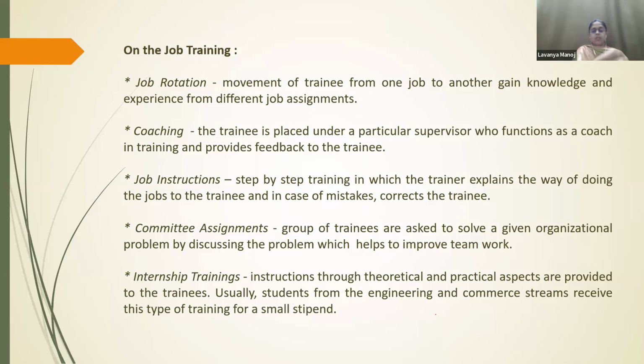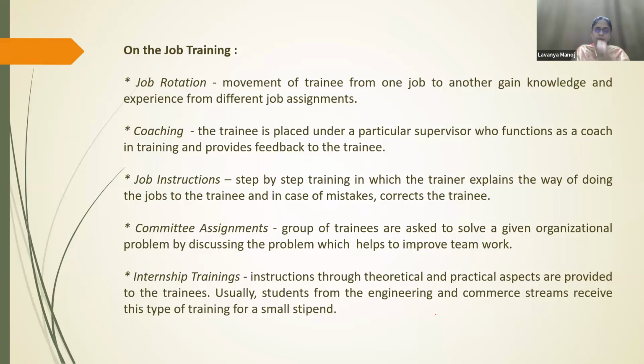Internship trainings, what are internship trainings? Students and college fresh outs are taken for internships in companies and other industries, and the duration will be a minimum of 1 month or a maximum of 6 months or even 1 year.